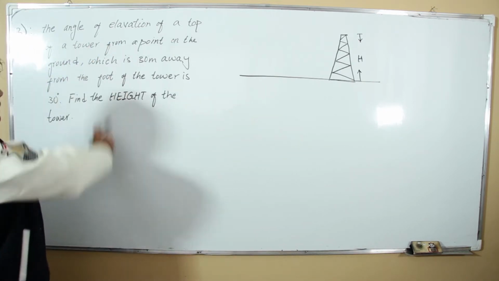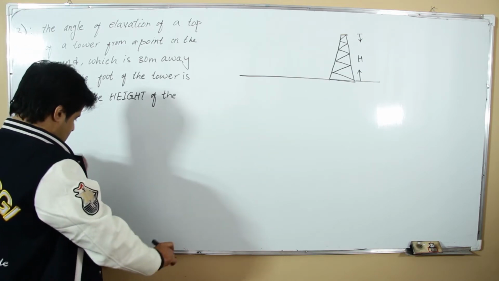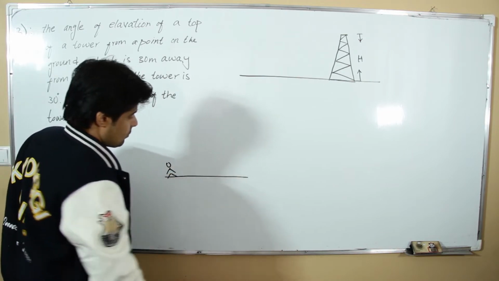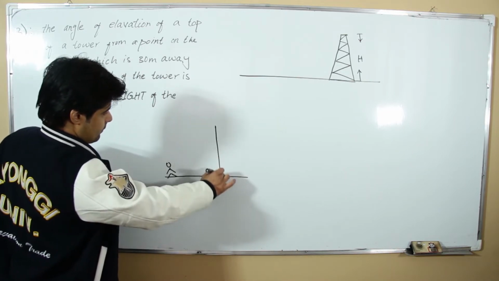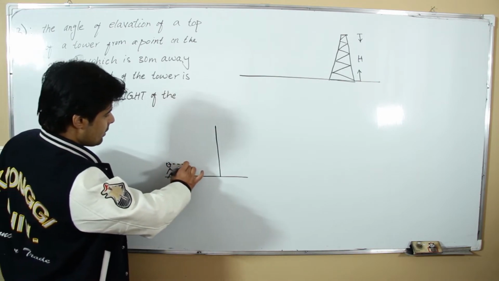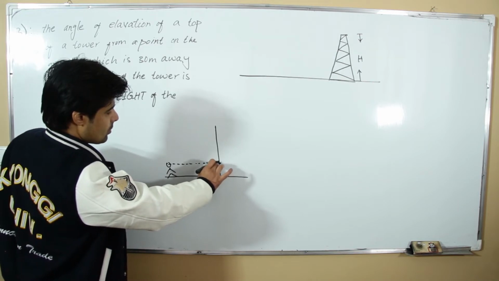In which the angle of elevation, what is angle of elevation? Listen to me. Suppose we have a person on the ground and we have a tower here. Now horizontally he looks at this part.